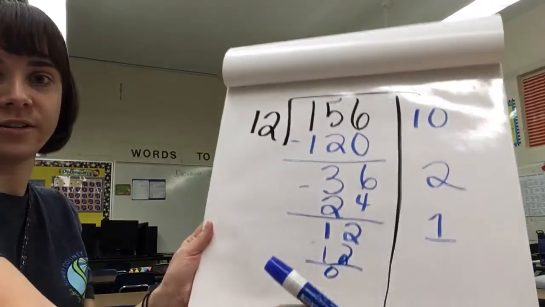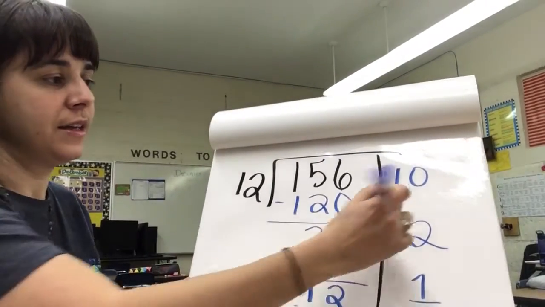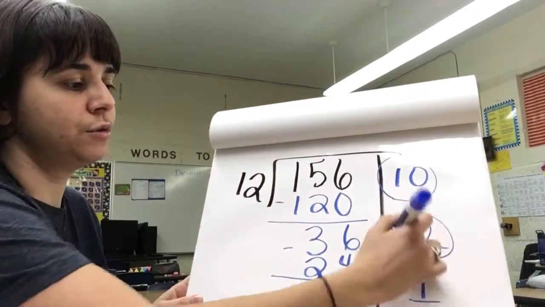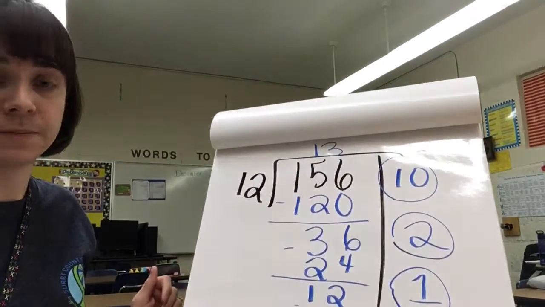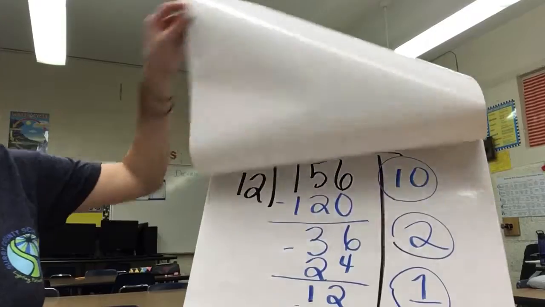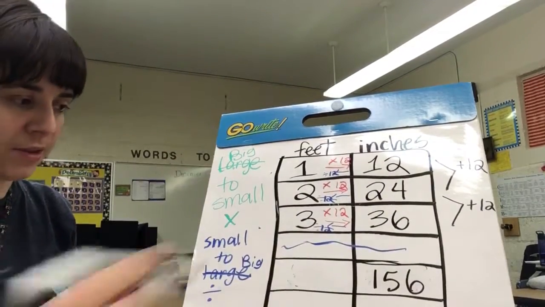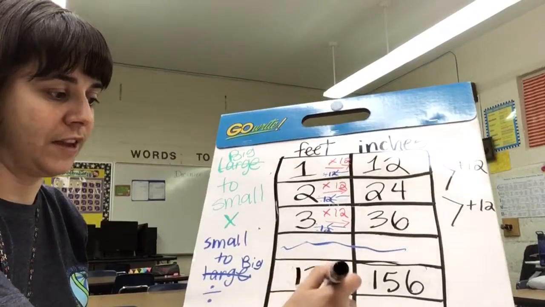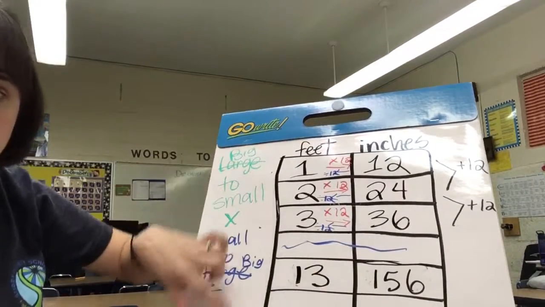I have no remainder. Okay? So on the right, I ended up with 10 groups plus 2 groups plus 1 group, which is a total of 13 groups. So going back to my chart, I know that 156 inches is the same thing as 13 feet. And that's just a lot simpler than continuing this pattern.